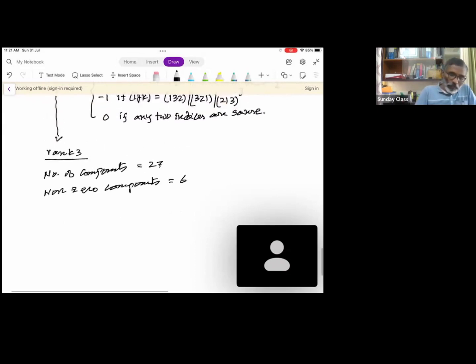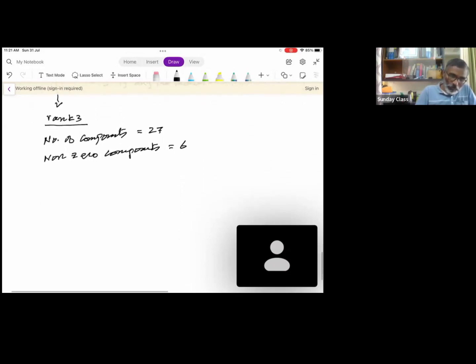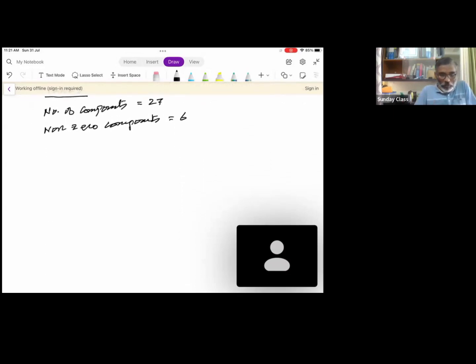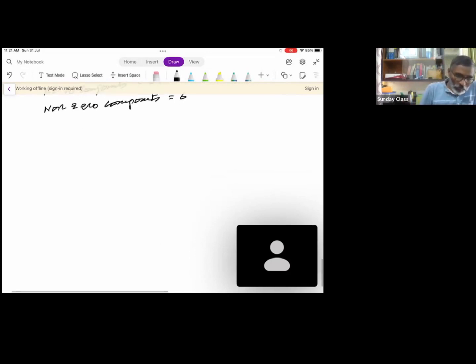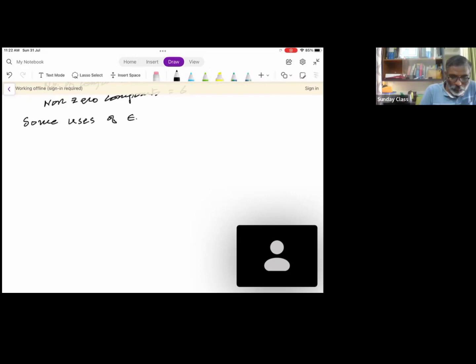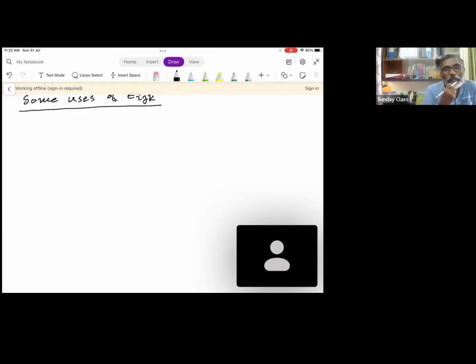So this is a very useful tensor. We can do many interesting things with vectors using this. For example, we have talked about the dot product of vectors, right?